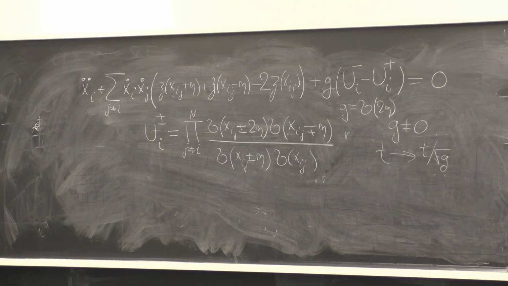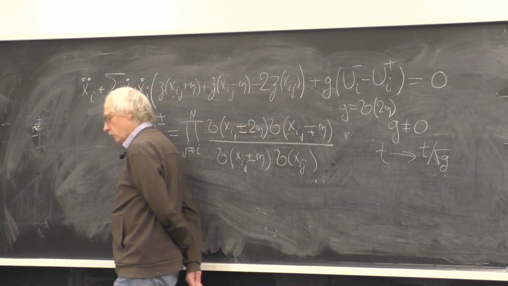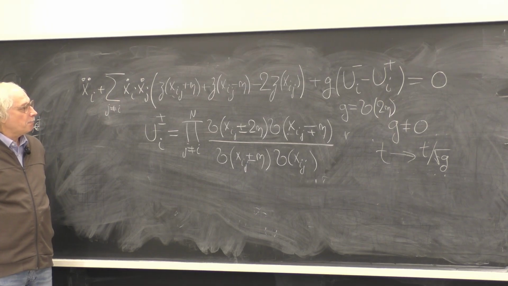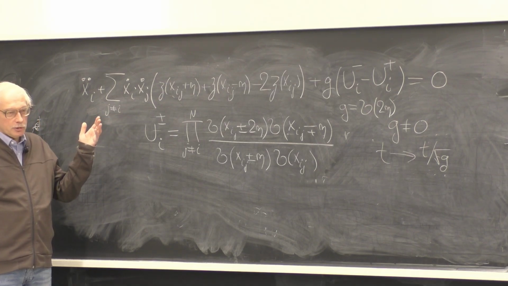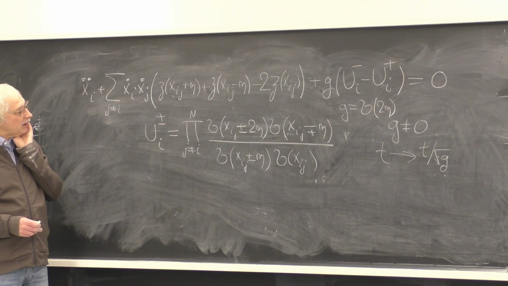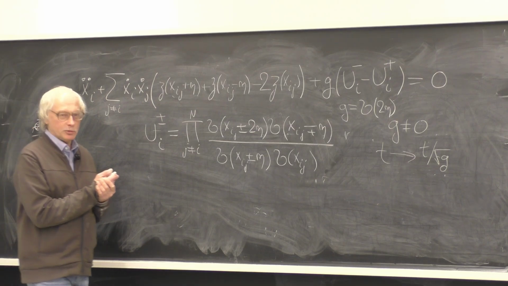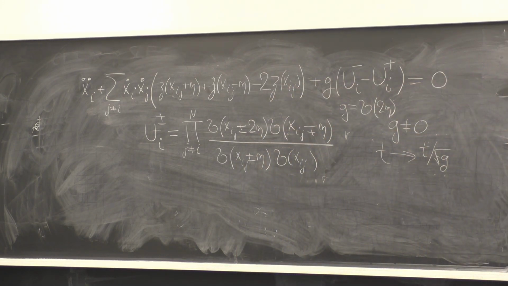This model appears to be integrable, so it has enough number of conserved quantities, which can be found explicitly, and I will show them after some time. But this model most likely is not Hamiltonian. In contrast to the Ruijsenaars-Schneider model, it is probably not Hamiltonian.